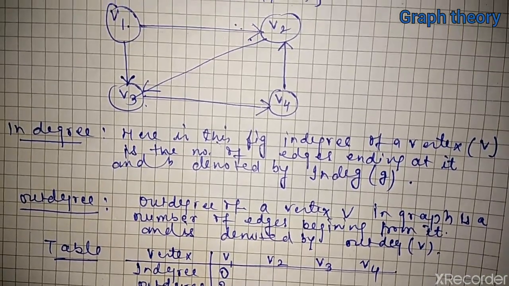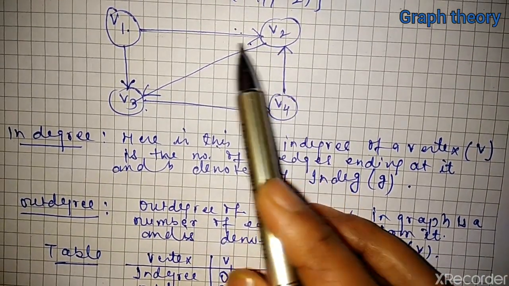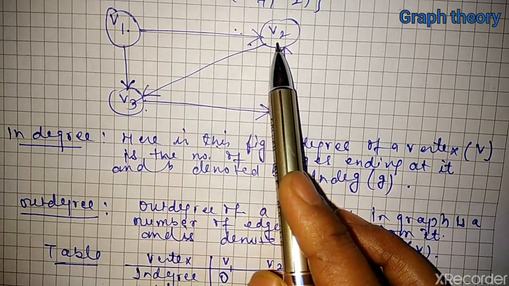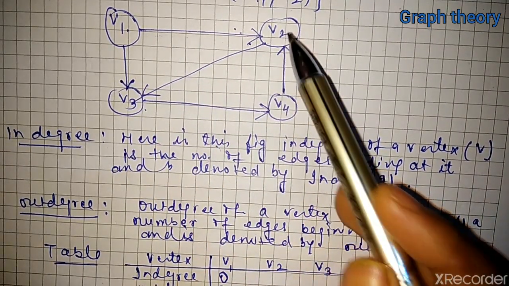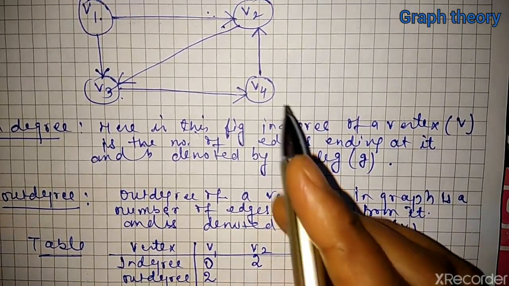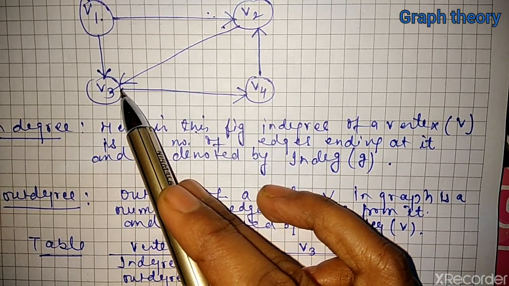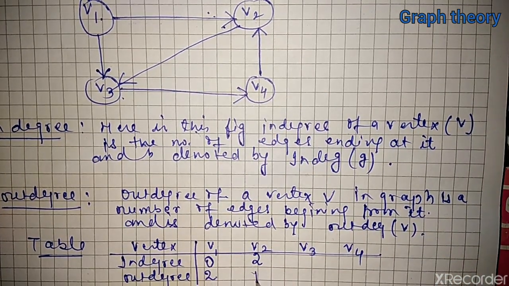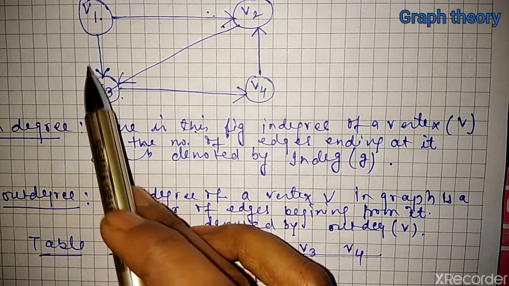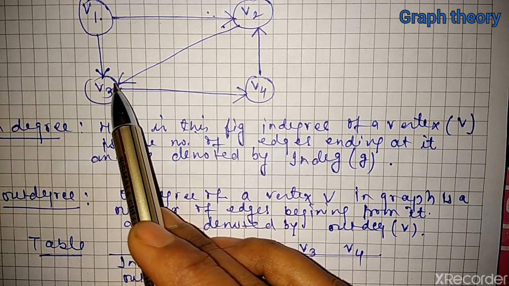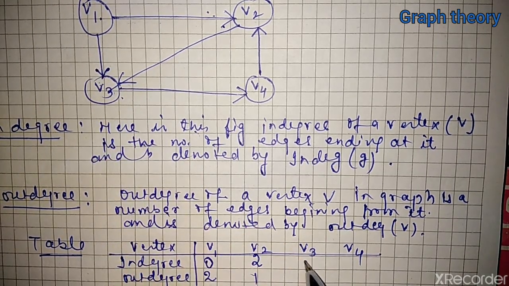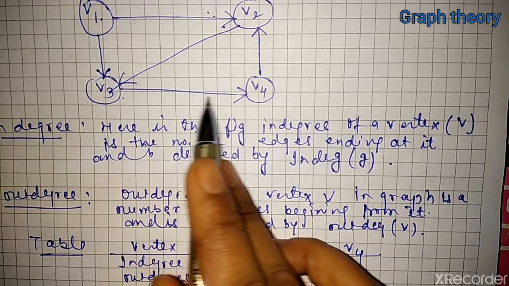For v2, the in degree is 2 because we come from v1 to v2 and from v4 to v2, while the out degree is only 1, to v3. For v3, the in degree is 2 and the out degree is only 1.